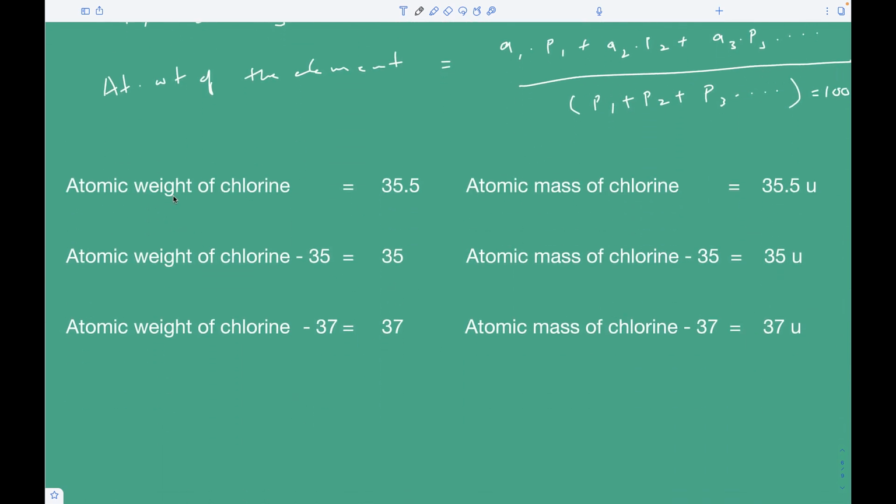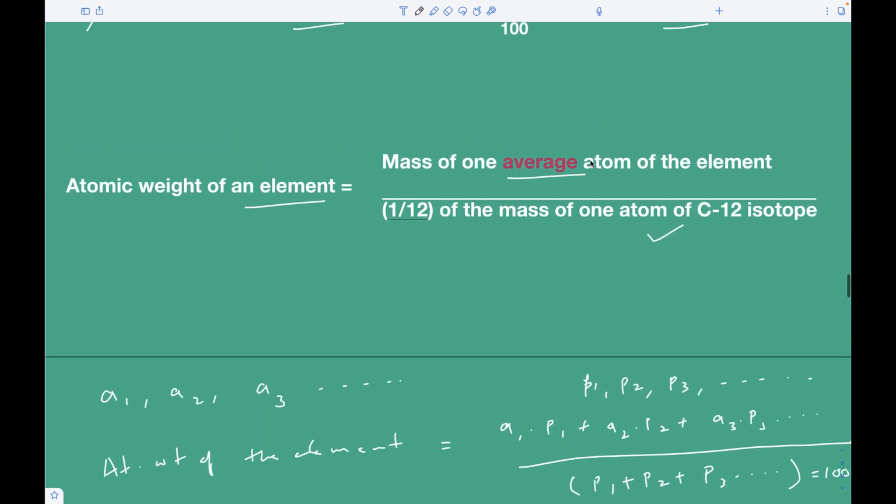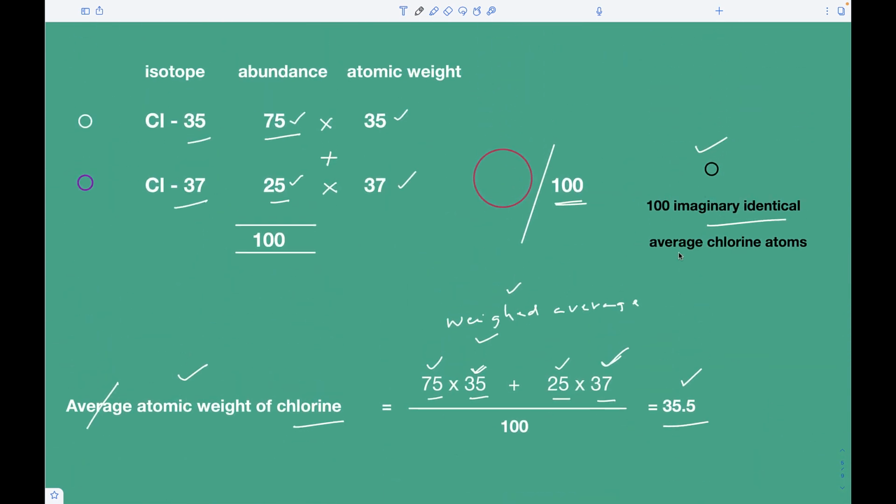Finally, what is the atomic weight of chlorine? See, here I am saying chlorine in general, and I am not referring to any particular isotope of chlorine. That means I am referring to this imaginary average chlorine atom, a chlorine atom that we would have if all the chlorine atoms in the entire world are identical.